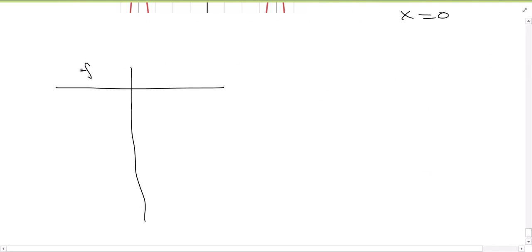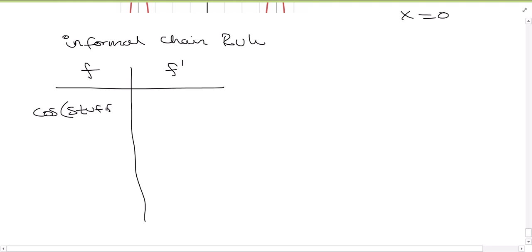So if I have f and f prime, so this is a very informal chain rule. My technical notation is coming here. So like when I have trig functions, and it's not just x, so I have cosine of, say, stuff, right?